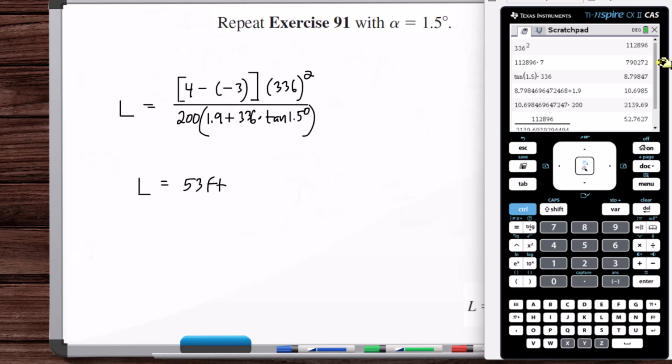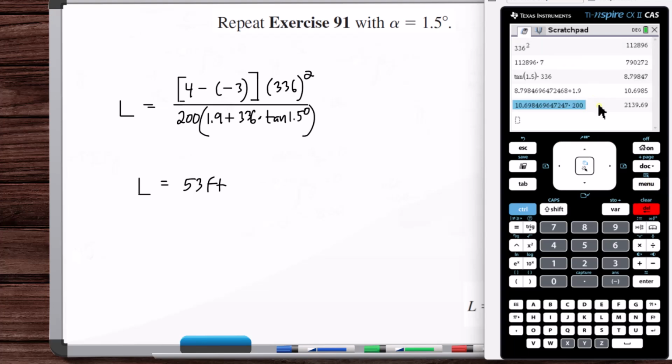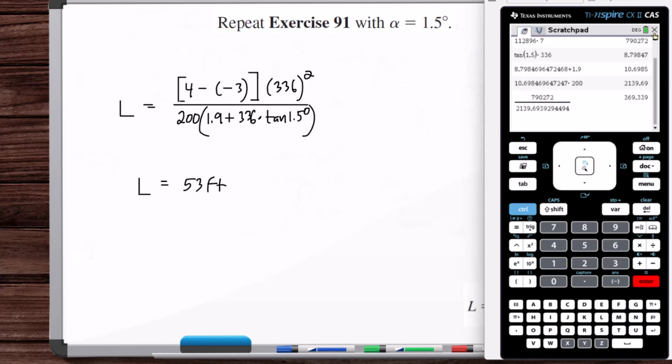336 squared times 7. Oh, I see what happened. Okay. I divided. So this was multiplied by 200, got this. Now I want to divide this by this. 369 feet.